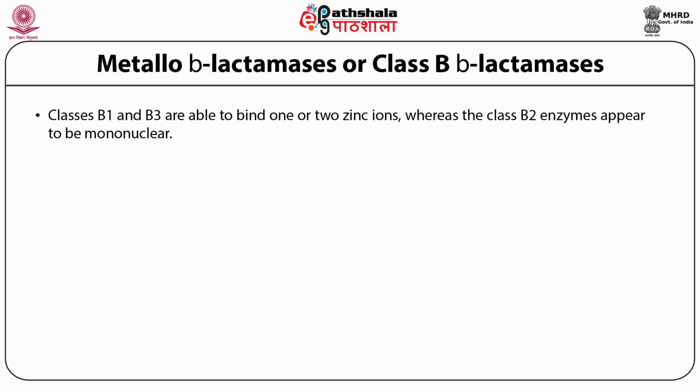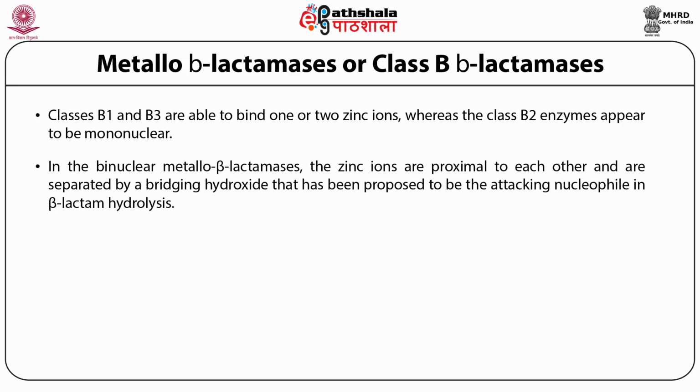In the binuclear metallo-beta-lactamases, that is from B1 and B3, the zinc ions are proximal to each other and separated by a bridging hydroxide that has been proven to be the attacking nucleophile in beta-lactam hydrolysis.